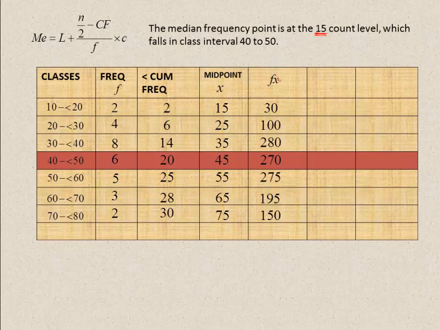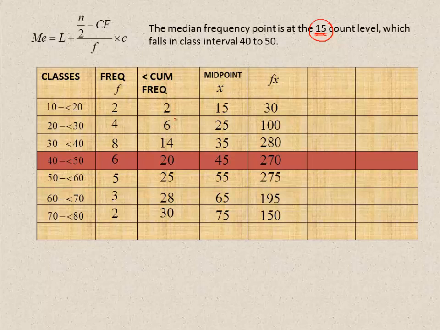At 15. So all I do is I go down, even before I go to that, what if my sample size was 40? The median value will be at 20. If it was 50, the median will be at 25. So all I do to get the class, the median class, is I look at the number 15 and I go down in terms of my less than cumulative frequency.